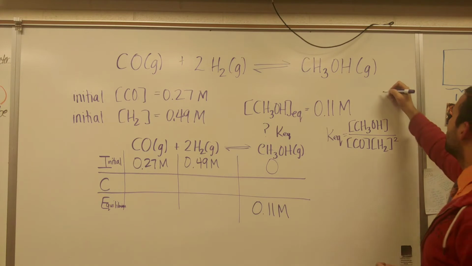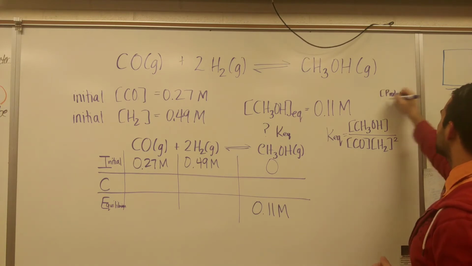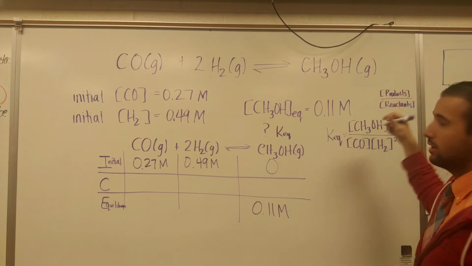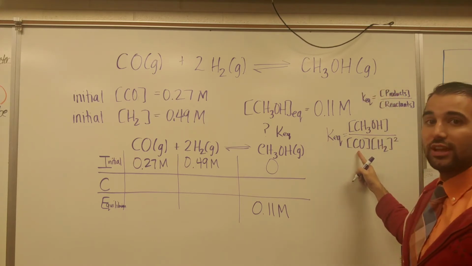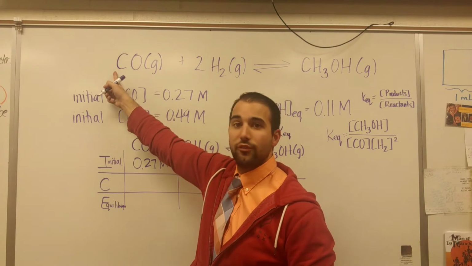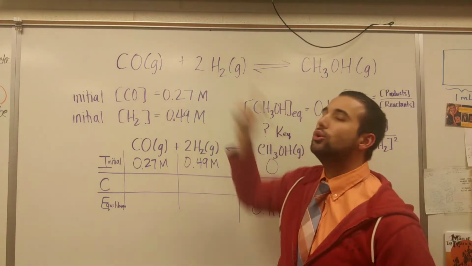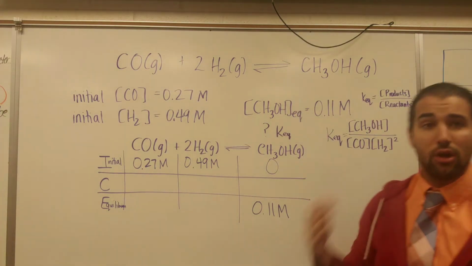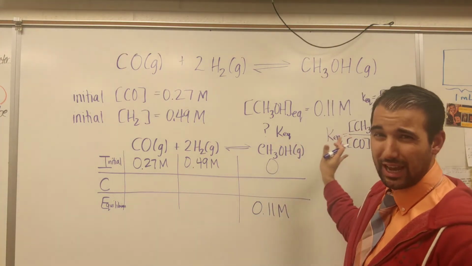So you do concentration of products over the concentration of reactants, and my products were just CH3OH, remember this is division, that's equal to KEQ, and my reactants were CO, 1 as a coefficient, so I don't need any exponent, and my H2 had a 2 as an exponent, so that's H2 squared. So later on, when I get my equilibrium concentrations, I'm going to plug them into KEQ.